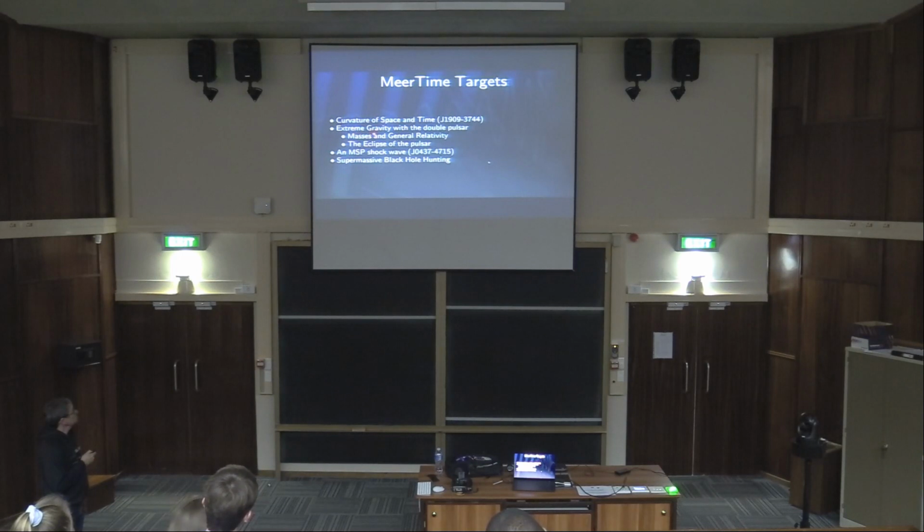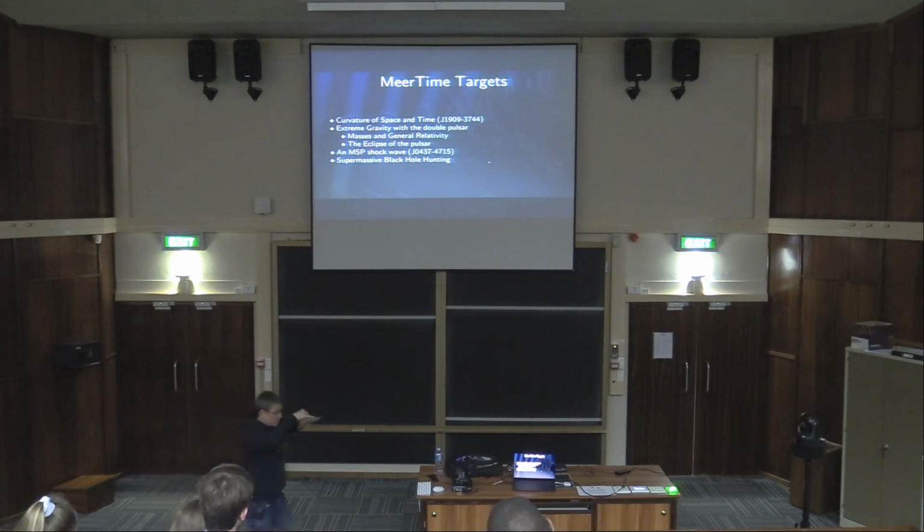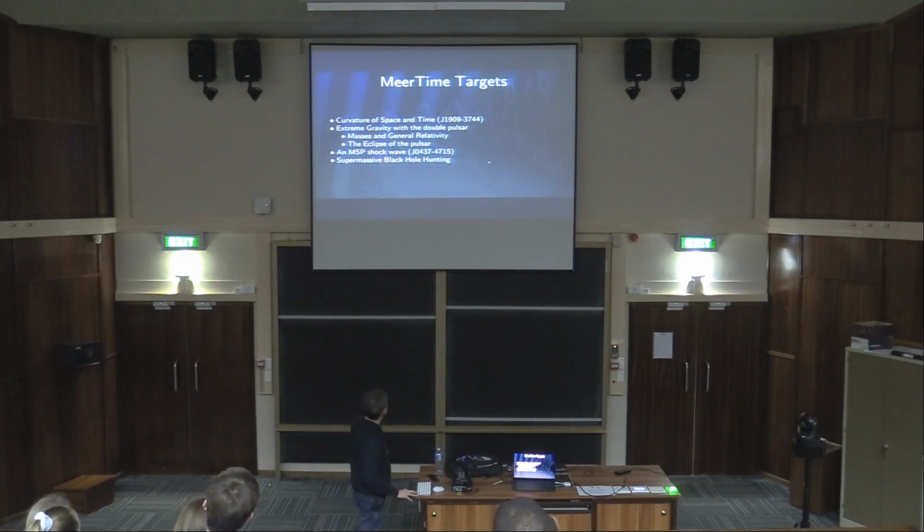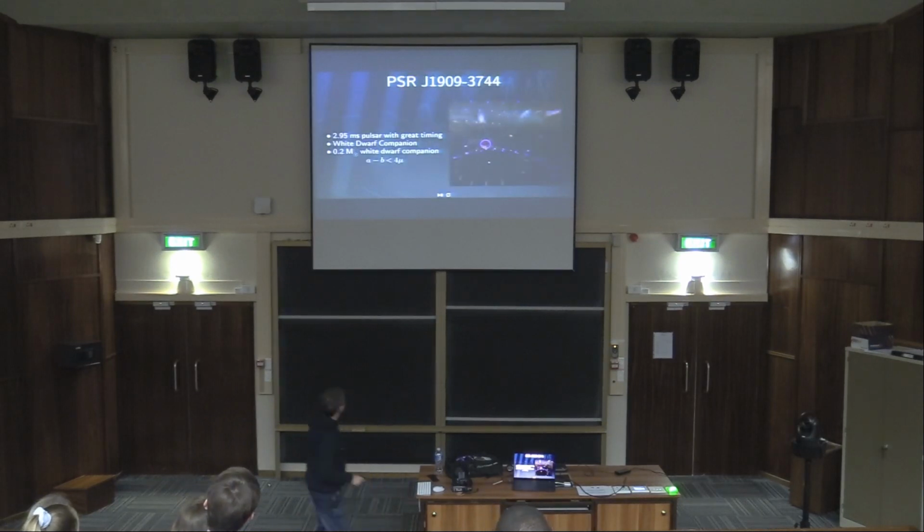We were going to explore extreme gravity around 2 neutron stars called the double pulsar. We were going to test general relativity. We were going to see if we could see the eclipse of the pulsar, and also whether we could see the influence of supermassive black holes on lots of millisecond pulsars floating around our galaxy in a sort of galaxy-scale gravitational wave detector.